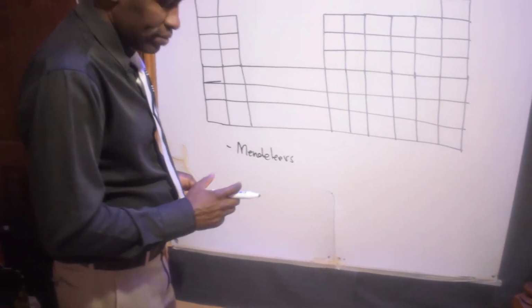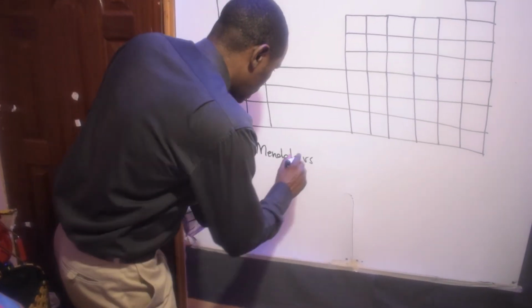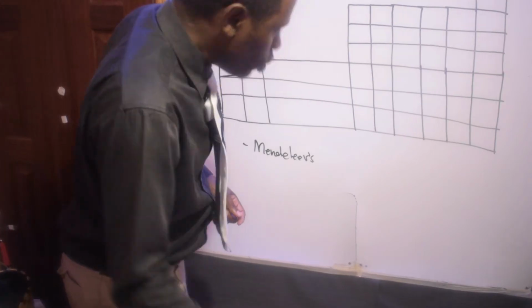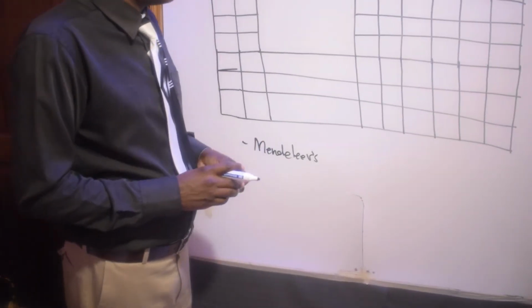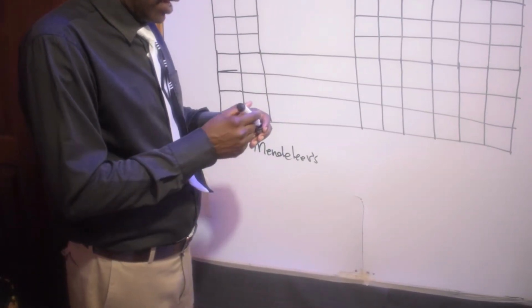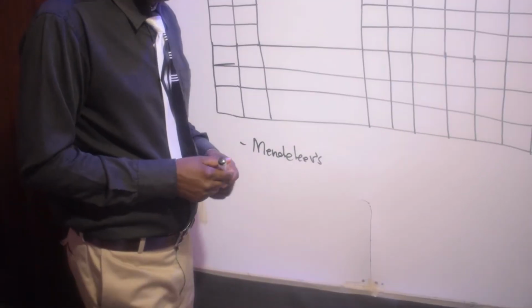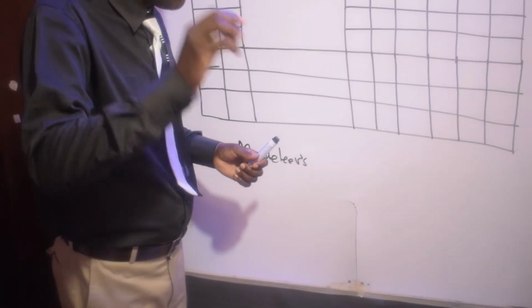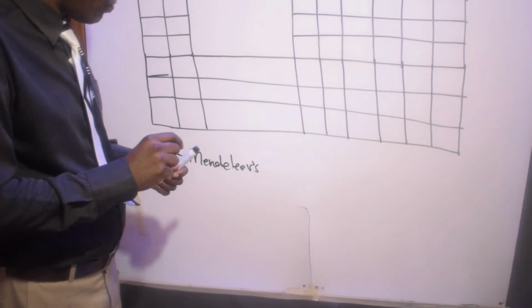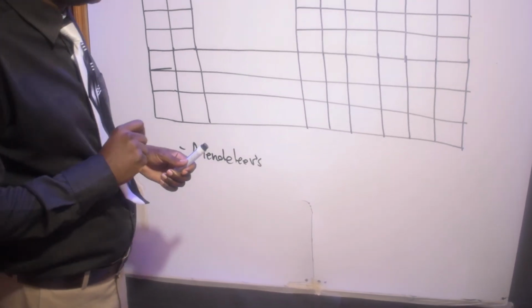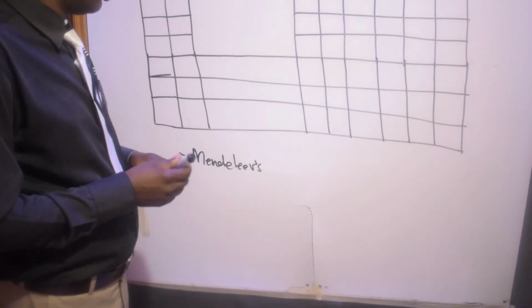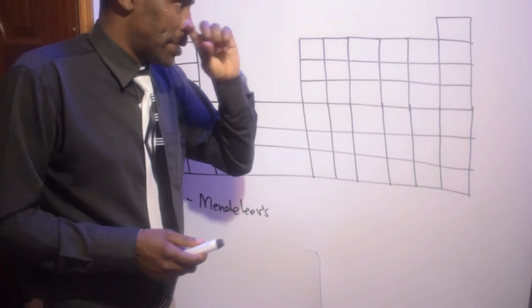Mendeleev came up with a periodic table, and he noted that the properties of elements were a periodic function of the relative atomic masses.